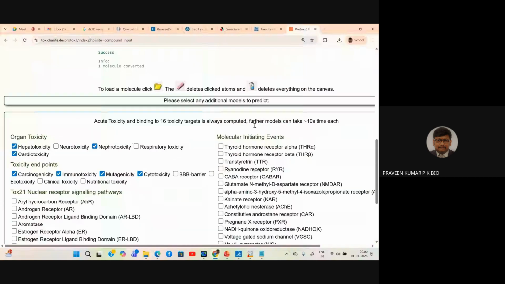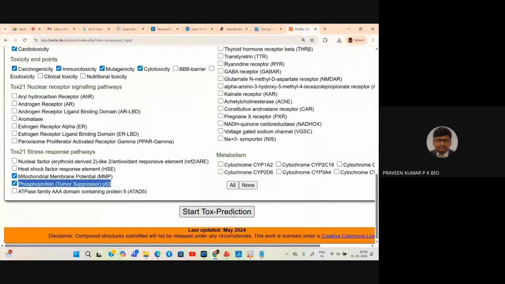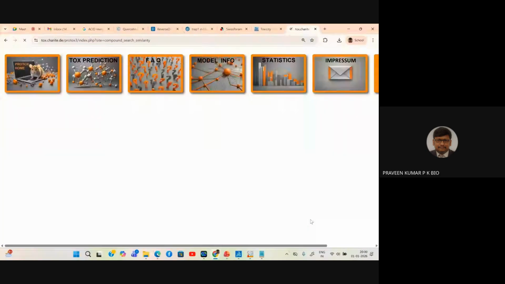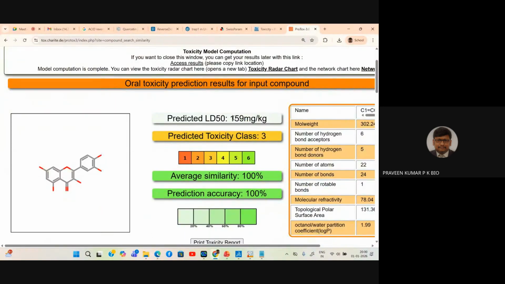If you want to select any of these molecular initiating events, you can select them. Then click start prediction, toxicity prediction. This is the most widely used tool nowadays to determine LD50, lethal dose 50. If you want to work on small animals like mice and rats, it's a must to work with this tool to check.